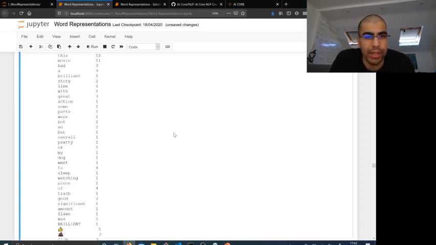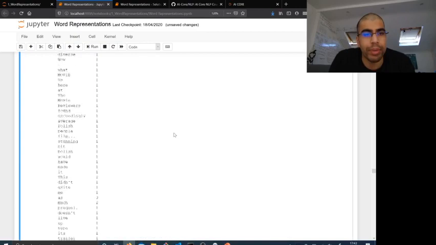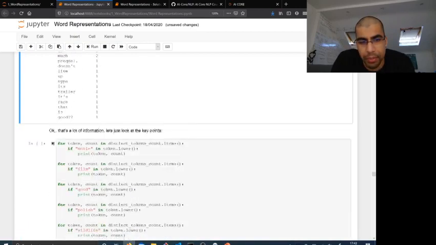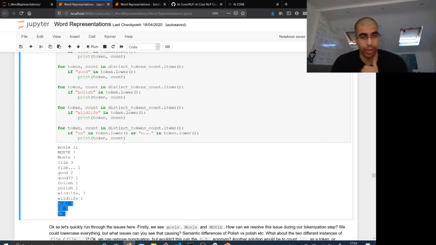I've picked out the ones here which cause an issue, or which may potentially be an issue, and I'm going to print those for our visualization. So we have movie, film, good, these two, Polish, or is that capital P for Polish and polish, wildlife, and US.